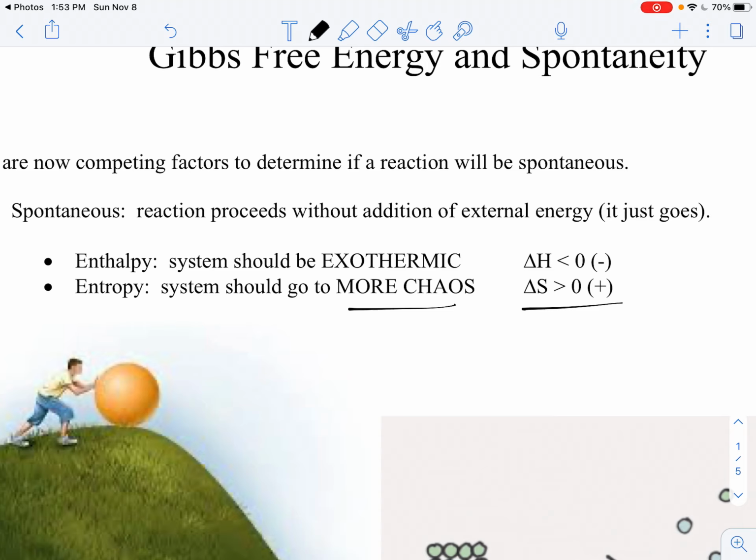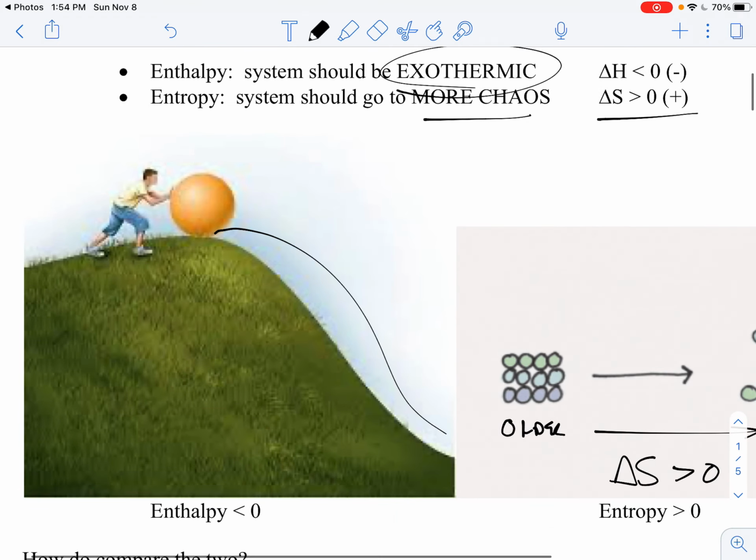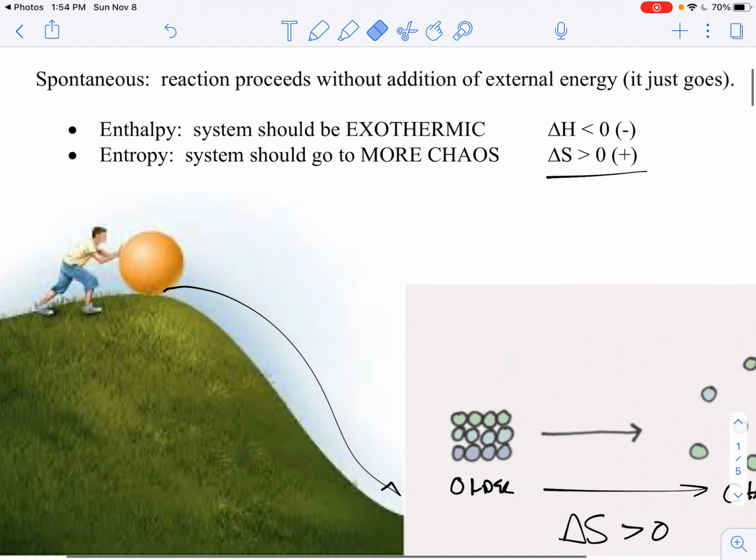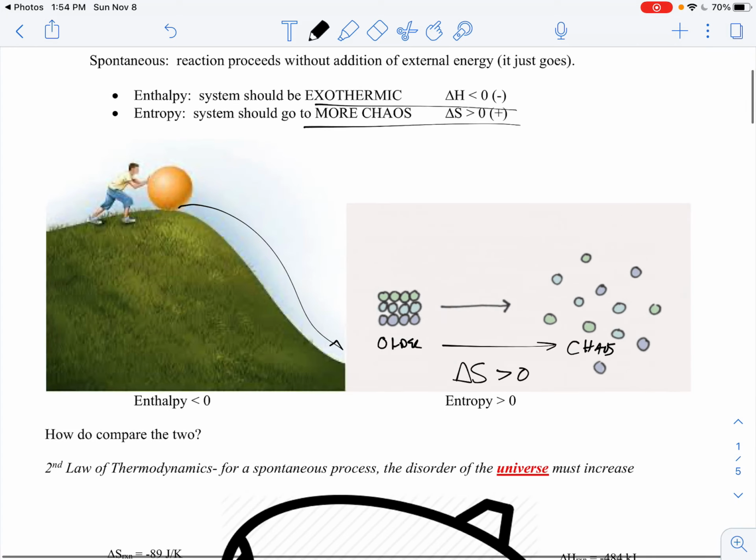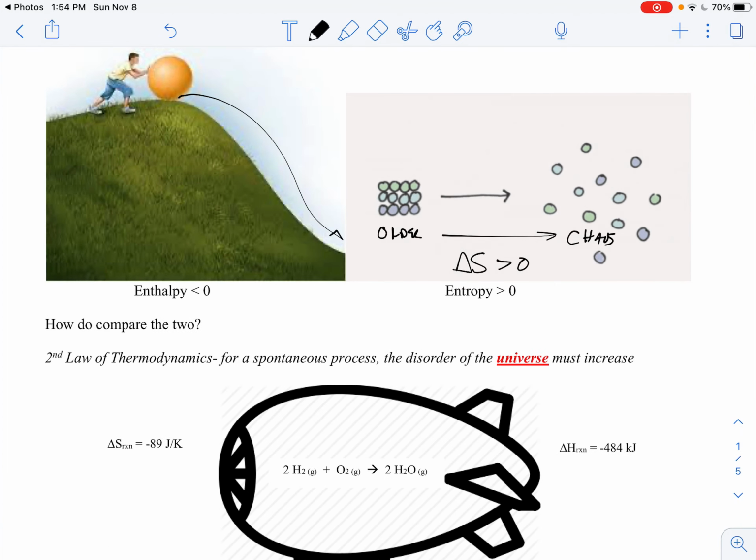Well, what if you are in a situation where you are exothermic, you are going to go down to here, but you are going to less chaos? Or what if you have a system that's endothermic, but you're going to more chaos? These systems can work together depending on the equation, but they can also work against each other.